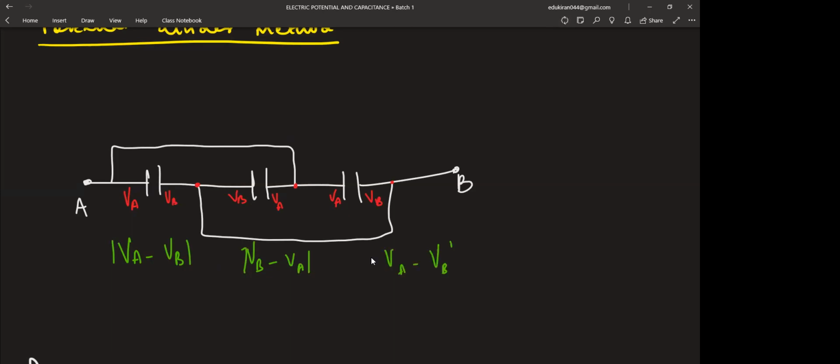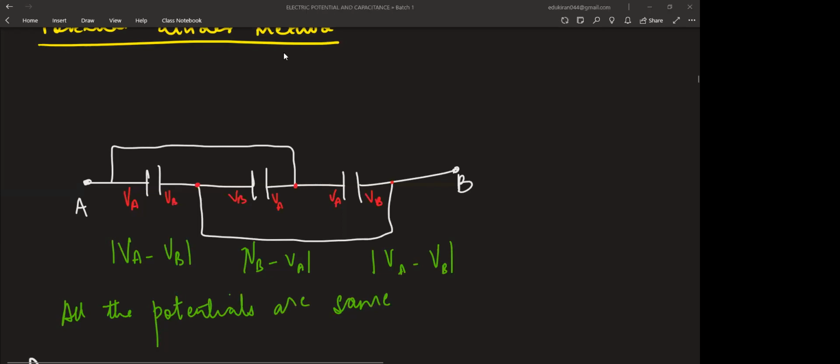We can say that all the potentials are the same. Class, can you tell me, if all the potentials are the same, which type of circuit it is? Parallel or series? Parallel. Very good. This is a parallel combination.